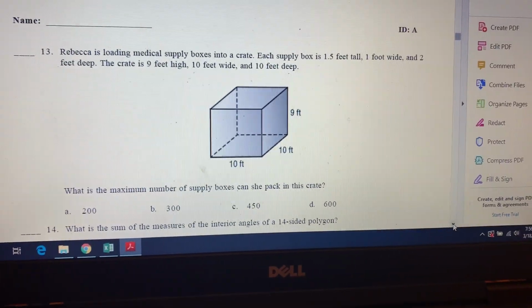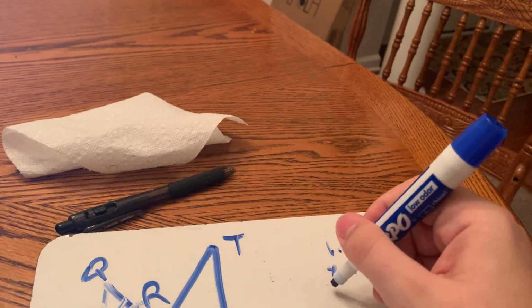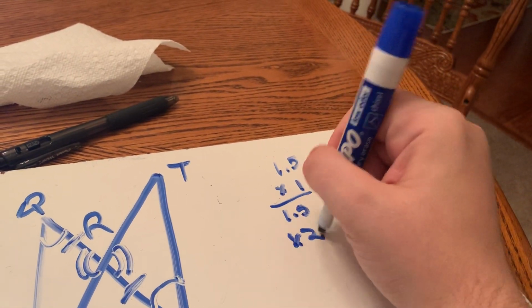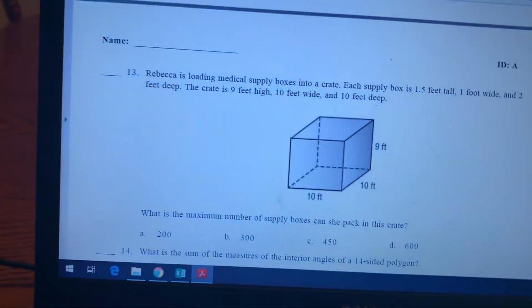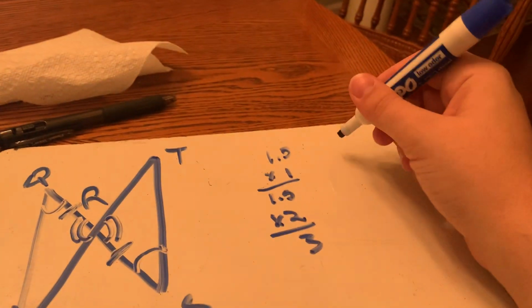Okay, so the little one is 1.5 times 1, which is 1.5, times 2, which is 3. So the little ones are 3 cubic feet. The crate is 9 times 10 times 10.